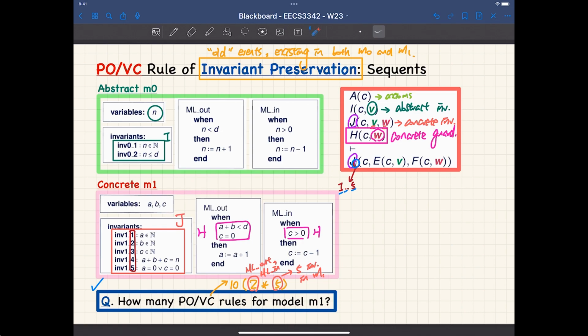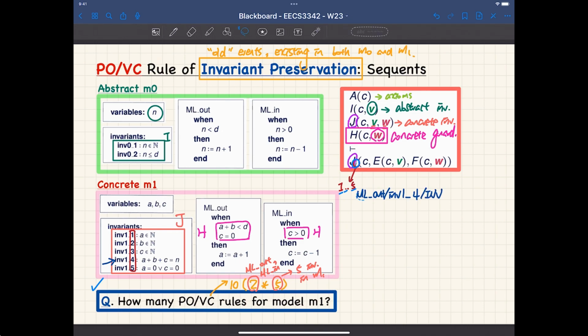Okay, let's now try. I'm going to write down the names. There are 2 things I want to do. The first one here, let's say we do ML out, and then let's say we want to preserve invariant number 4, invariant 1, 4, this one here. And then we talk about invariant preservation.